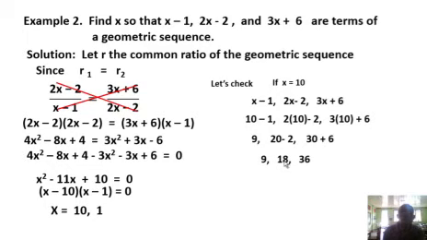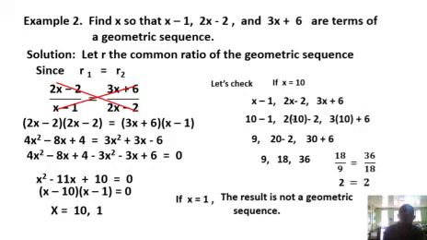Take note that if we divide 18 by 9 and 36 by 18, the quotient is the same. Okay, so they form a geometric sequence. However, if we substitute x equals 1 in the original sequence, it does not form a geometric sequence. So only 10 as the value of x makes this sequence a geometric sequence.